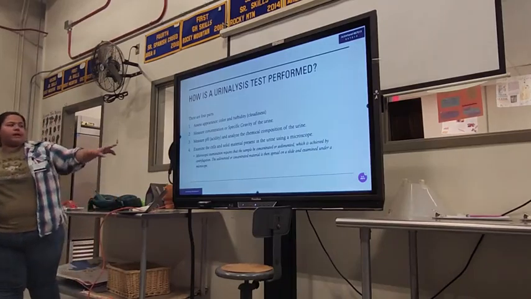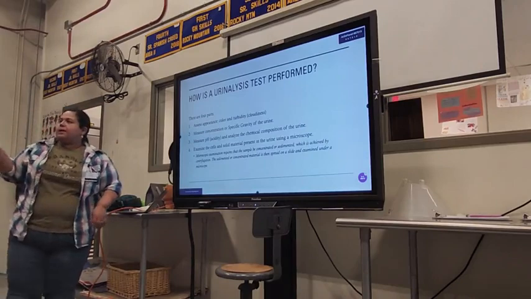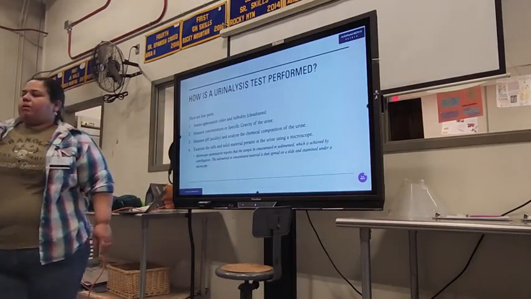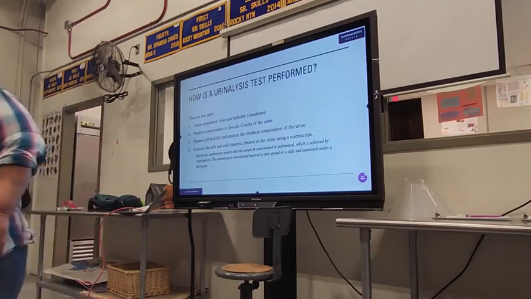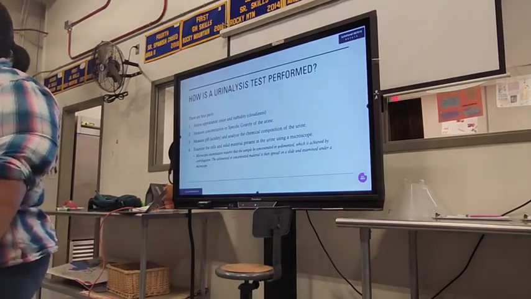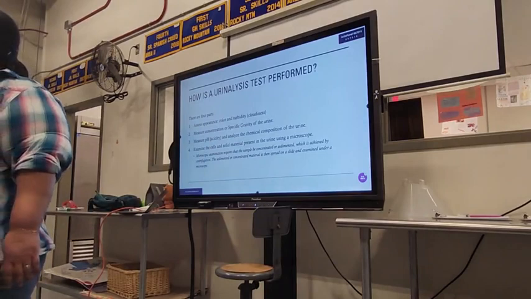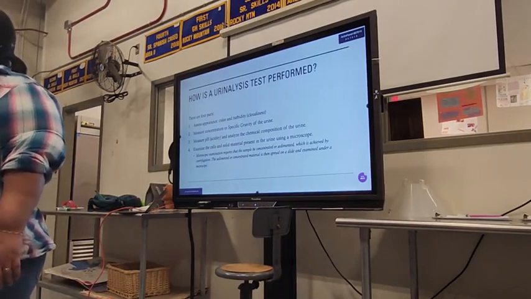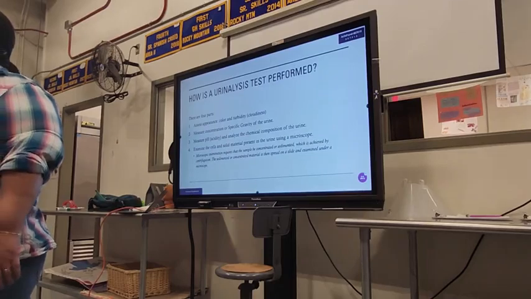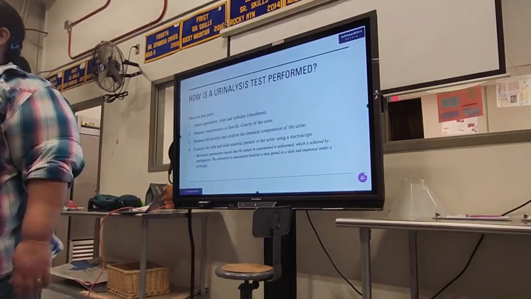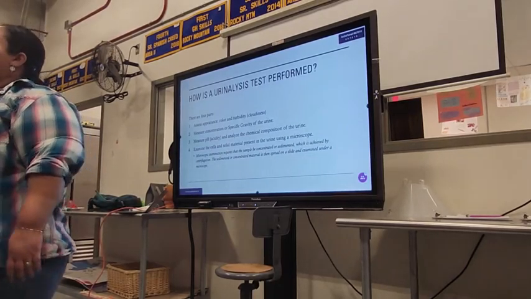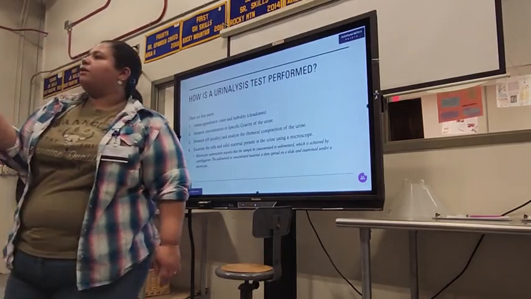So what it means by sedimented or concentrated is, okay, you have a test tube that has cloudy material in it. That means that the urine has particles in it that are not urine. So what you're trying to do is isolate and separate those particles.